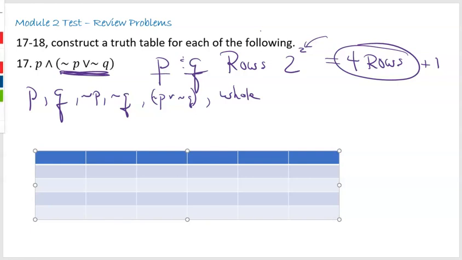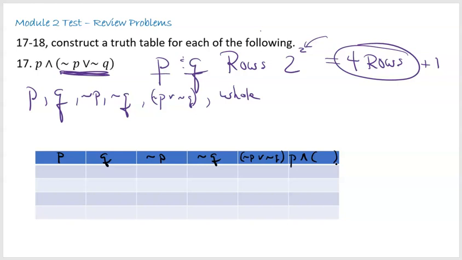I need a column for P, and a column for Q, and a column for not P, and a column for not Q, and then a column for not P or not Q, and then finally the whole statement, which is P and our set of parentheses, which is not P or not Q.